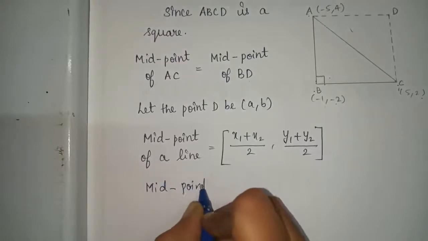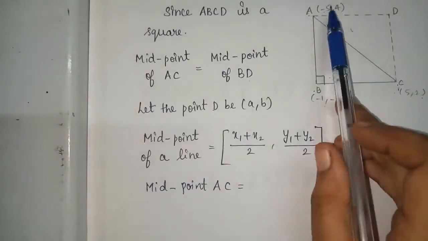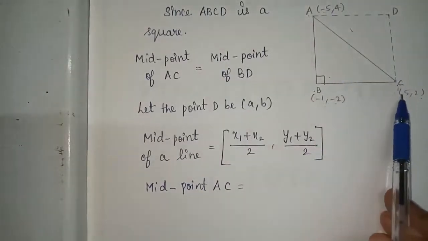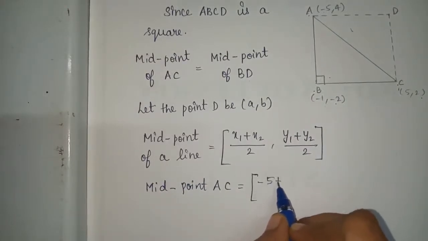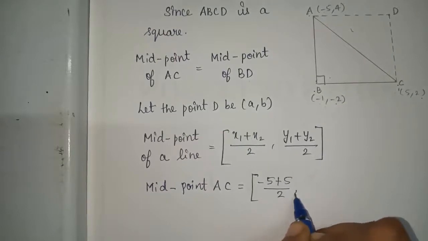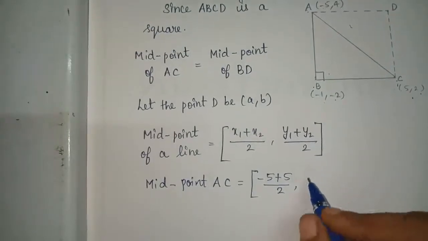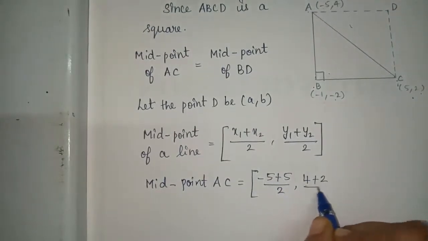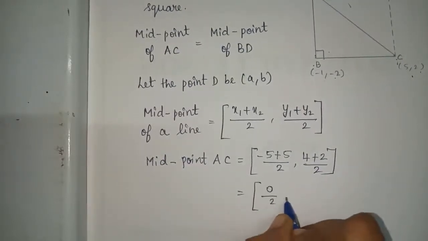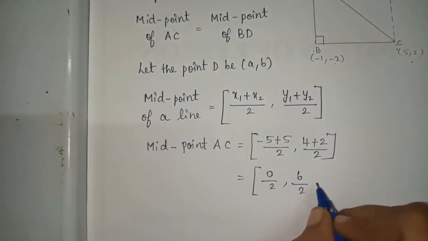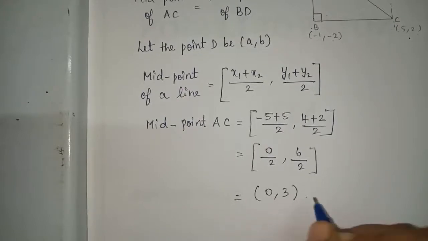So the midpoint of AC is ((-5 plus 5) divided by 2, (4 plus 2) divided by 2), which is equal to (0 by 2, 6 by 2), which is nothing but the midpoint of AC is (0, 3).